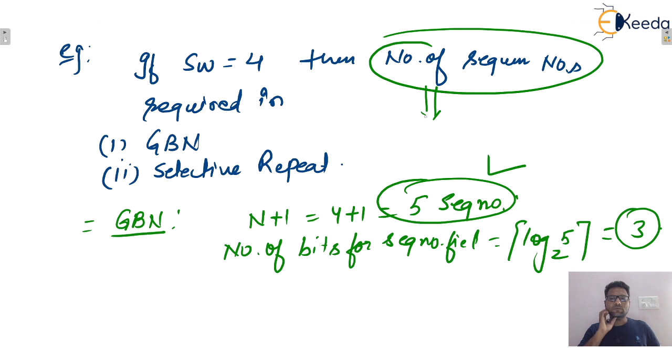If instead it asks for the number of bits, then the answer will be 3.